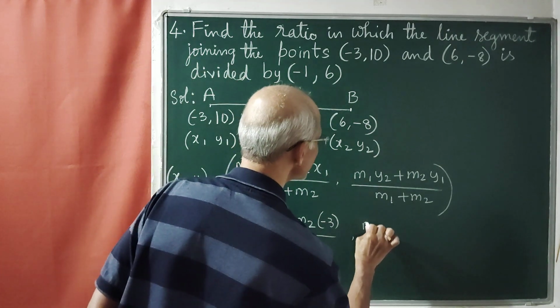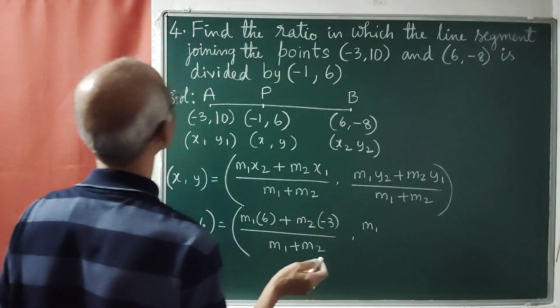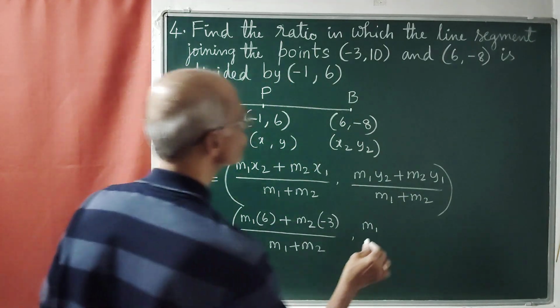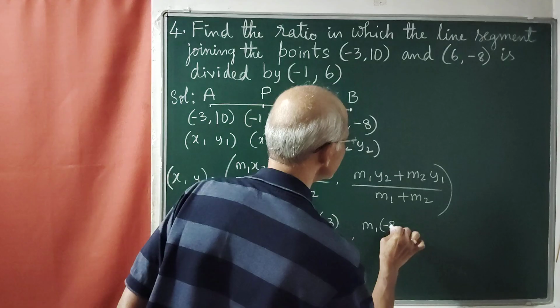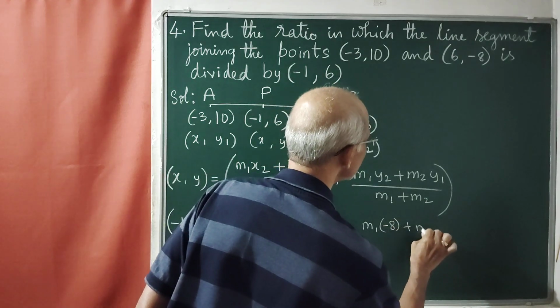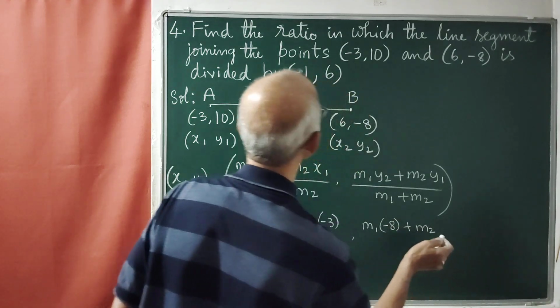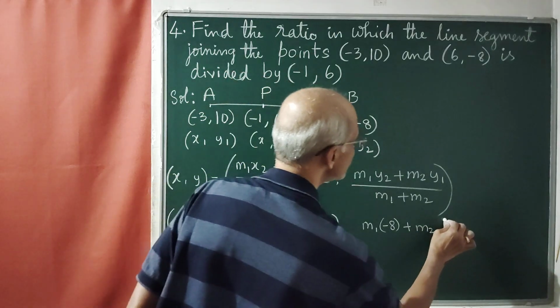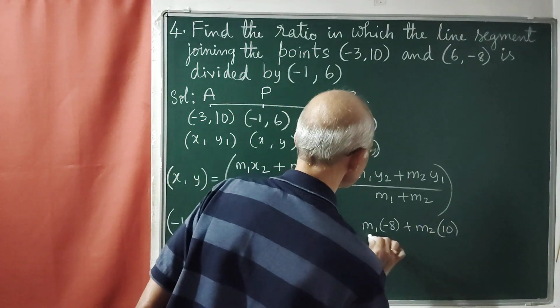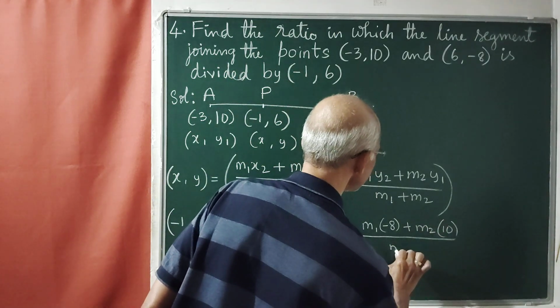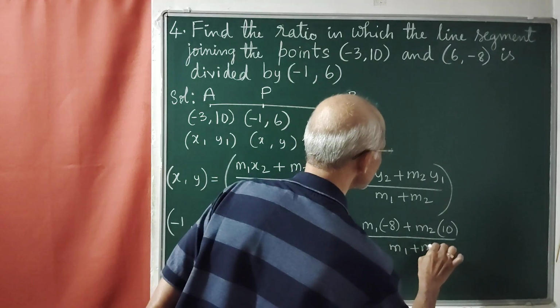Then m1 y2, where is y2? y2 is minus 8 plus m2 y1 is 10 by m1 plus m2.